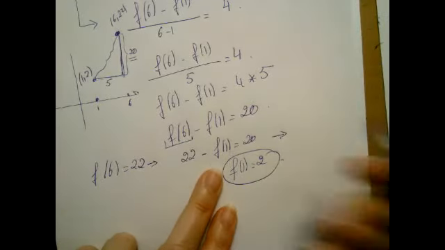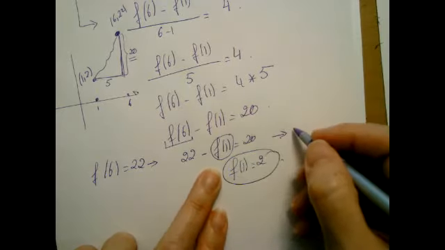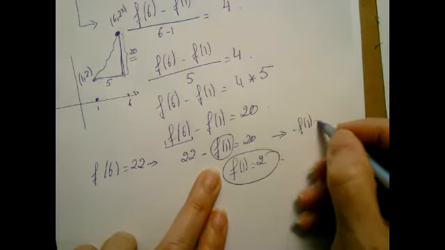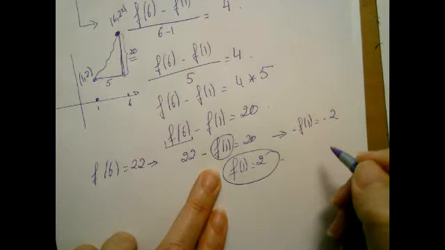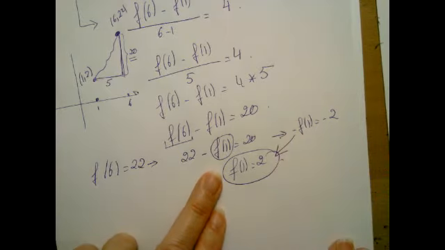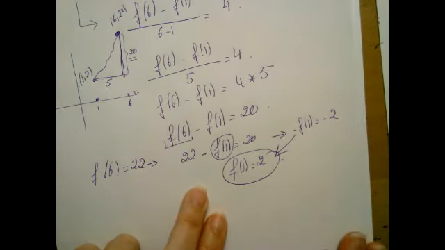How do I solve for that? This is your unknown, this is what you're looking for. You can put minus f of 1 equal, you subtract 2 from both sides. You get -2. If you multiply by -1, you get f of 1 equal to 2. So just do it again. It's an algebra mistake. Sage, got it?